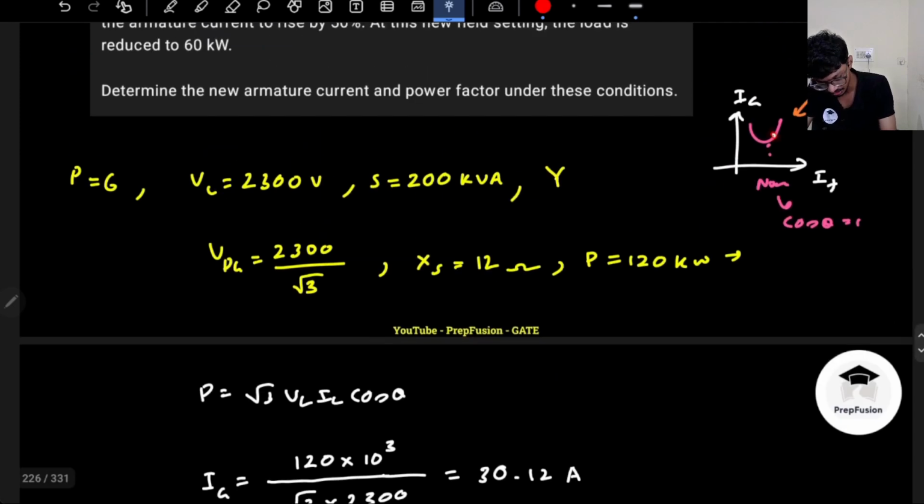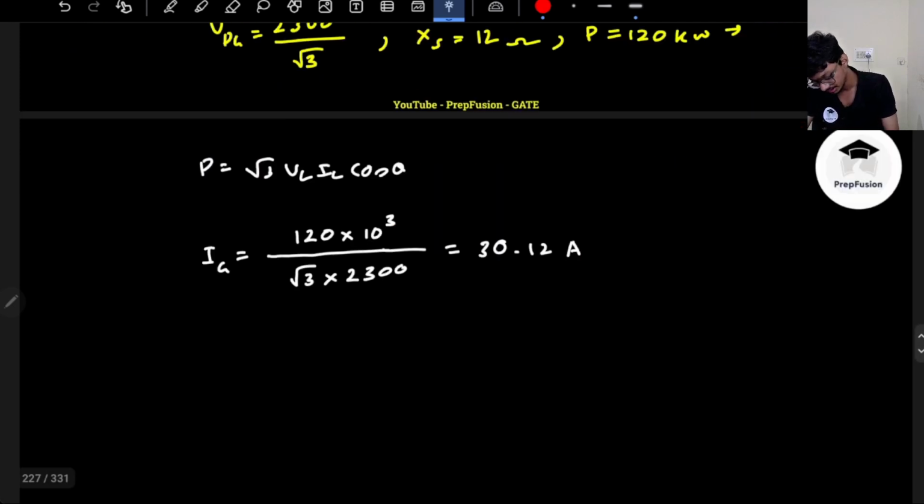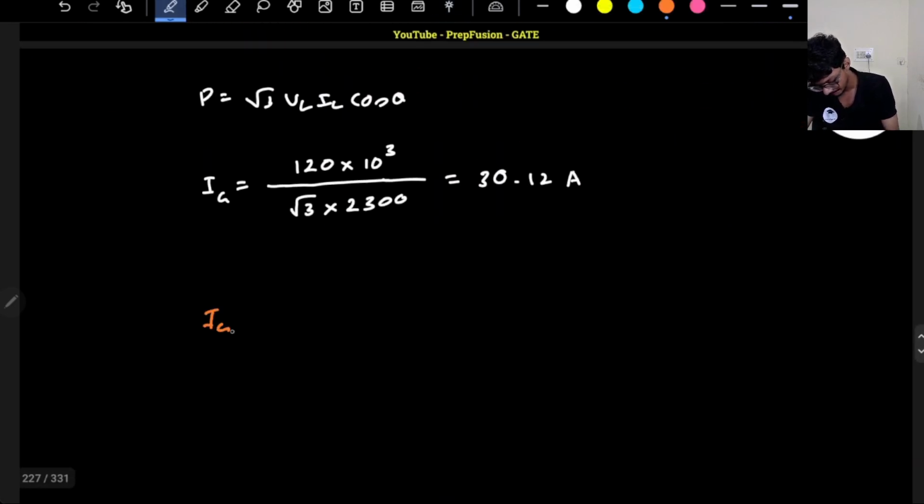So IA dash will be 1.5 times the previous IA, which is 45.19 amperes.